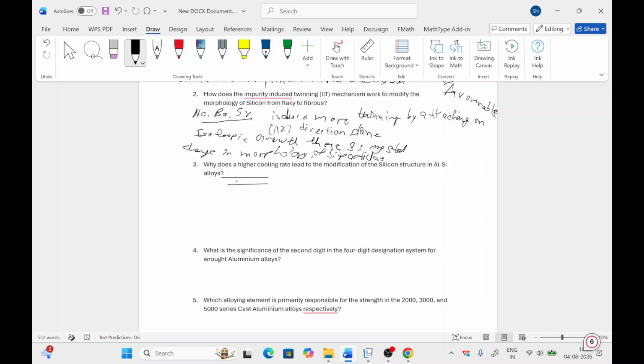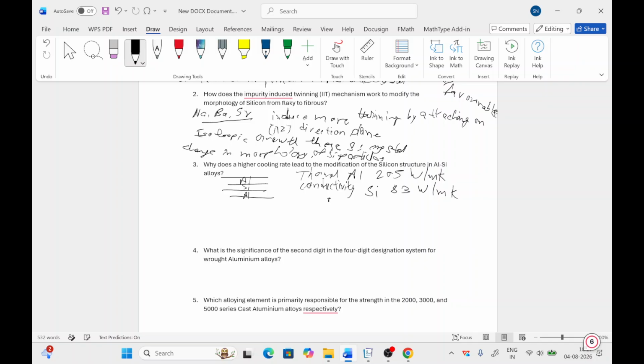If two crystals of aluminum silicon are growing adjacent to the silicon particle, the thermal conductivity of aluminum is around 205 watt per meter Kelvin, and for silicon it is 83 watt per meter Kelvin.